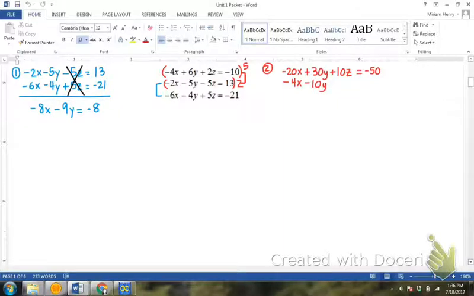Take your time. Don't rush through this. I will tell you that missing one negative sign can mess up your entire problem. Okay, so be very careful when you're multiplying.